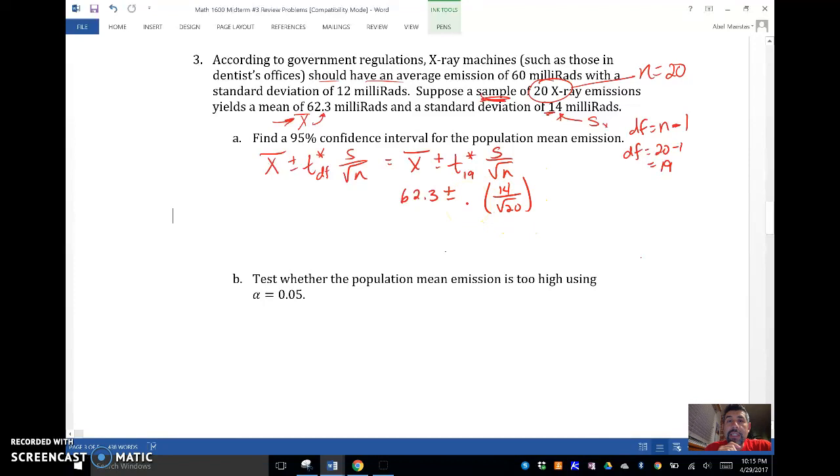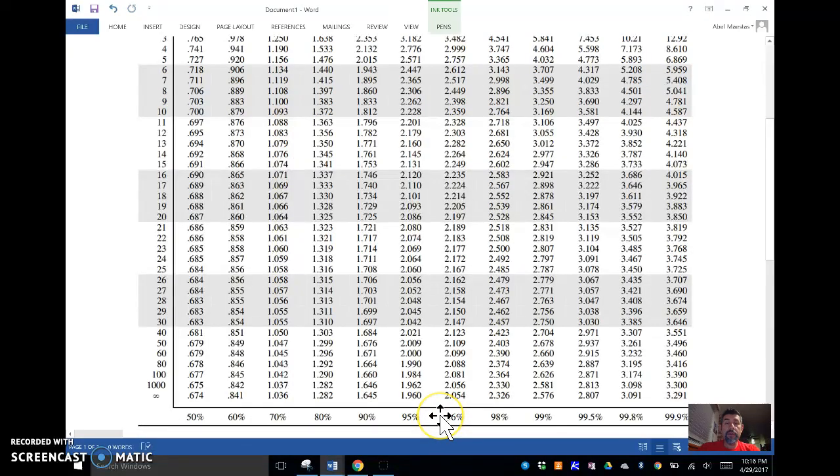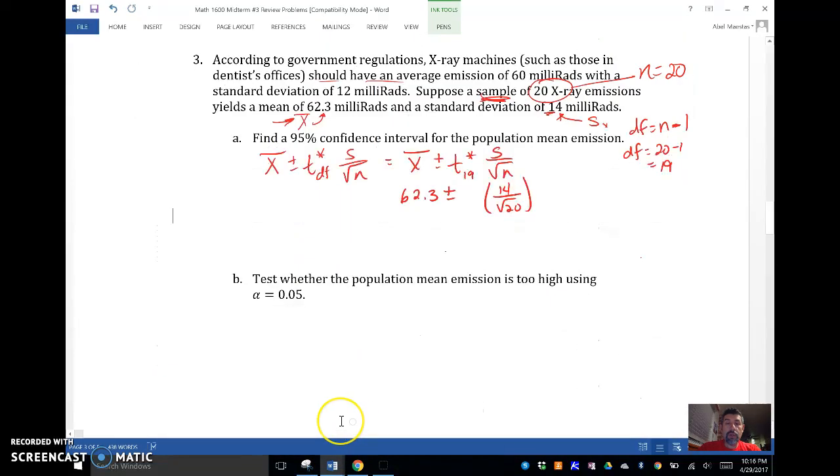All right, so we have to find T star for 19 degrees of freedom. We're going to do that using a T table. So I'm going to show you my T table right here. We want 95% confidence with 19 degrees of freedom.